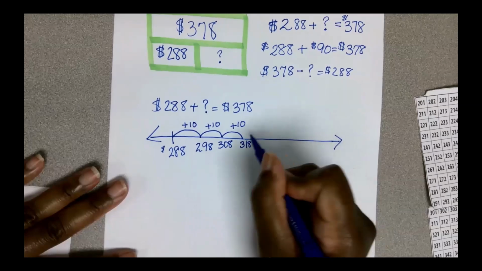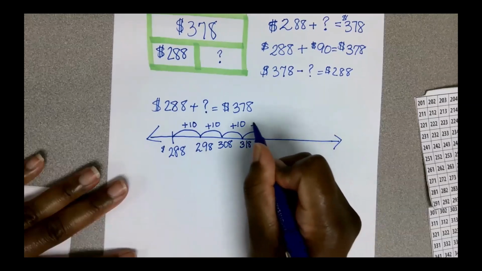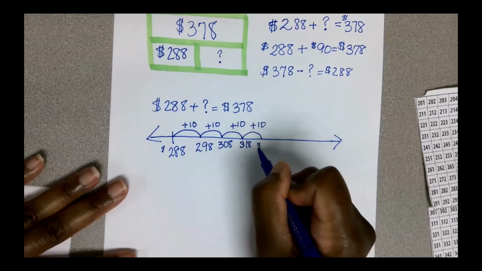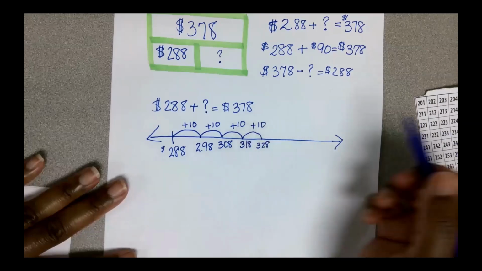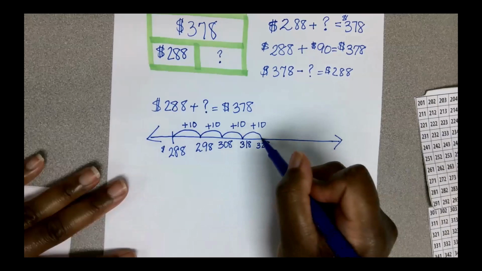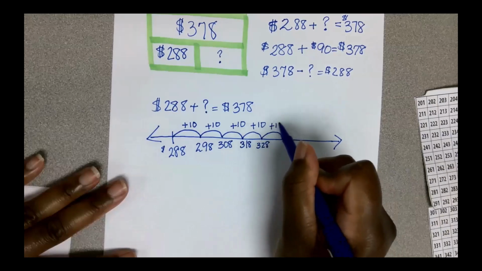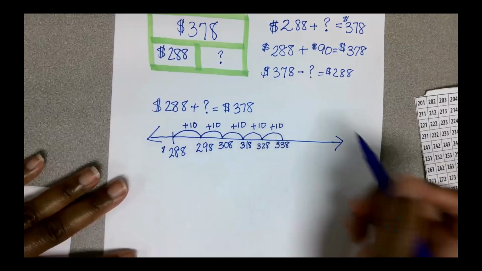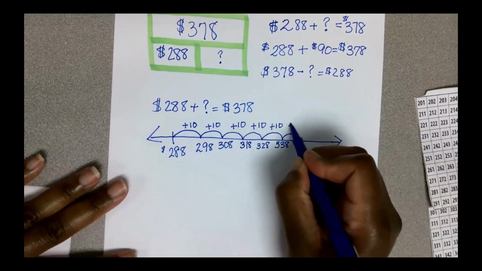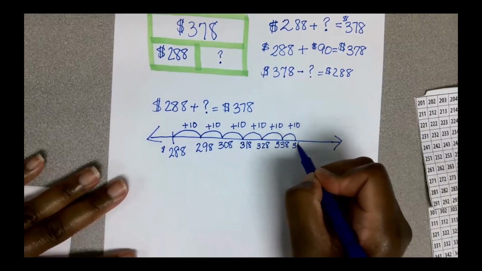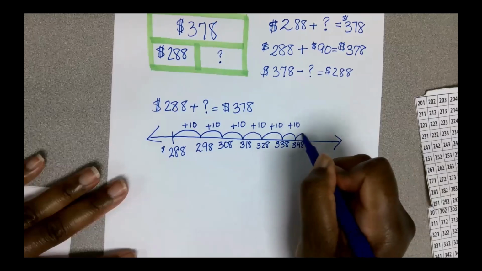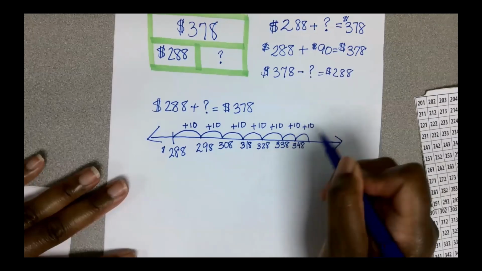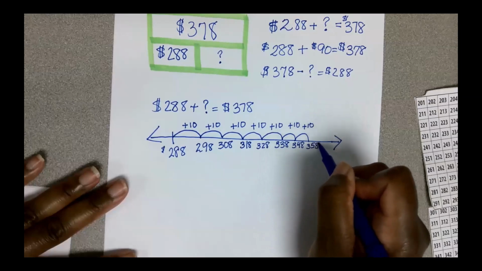We've added that next 10. We add another 10. 328. We're not there yet. 338 is 10 more. 10 more than 338 is 348. 10 more, 358.